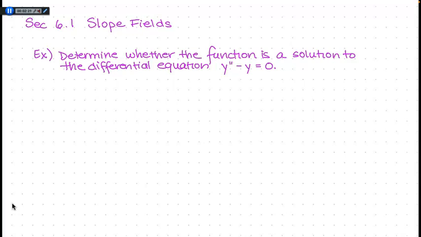So I'm going to give you 3 of them. We'll do the first one together so you get an idea of how to do it. Is y equal sine x a solution to the differential equation? Anybody have an idea how we would check?